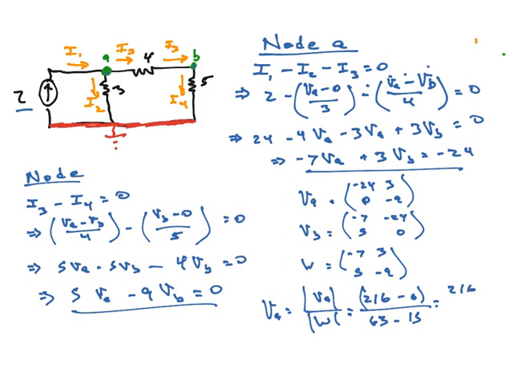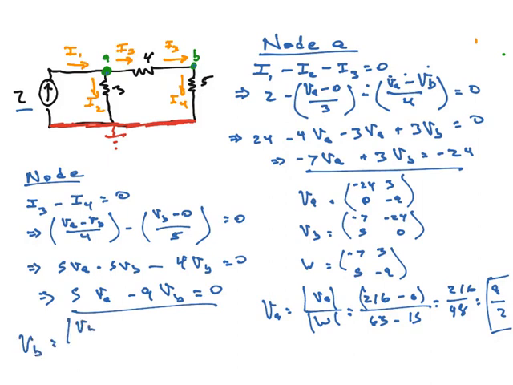So we get 216 over 48, which is, I believe it's 9 over 2. Yeah. So there's VA, done.